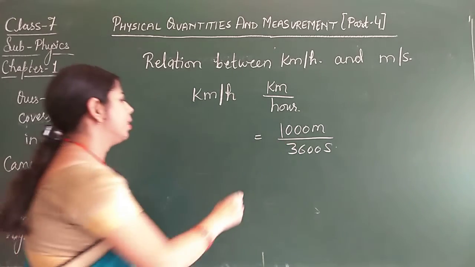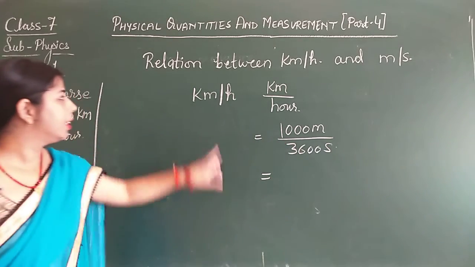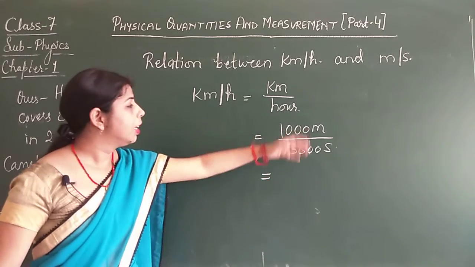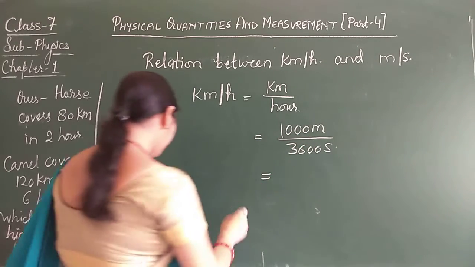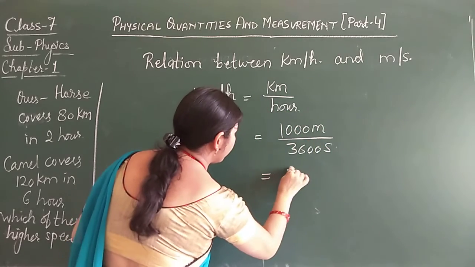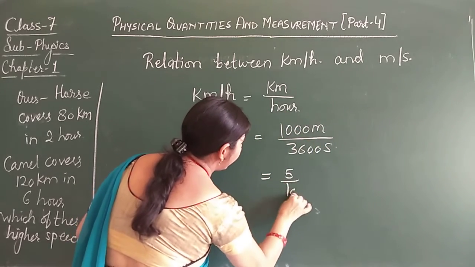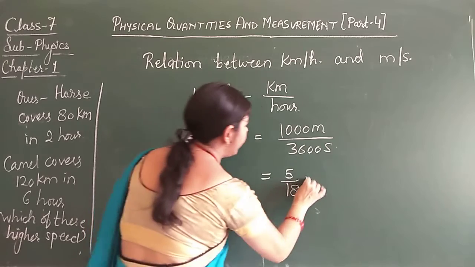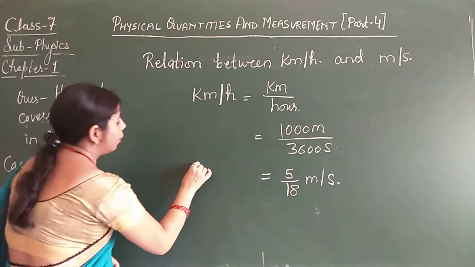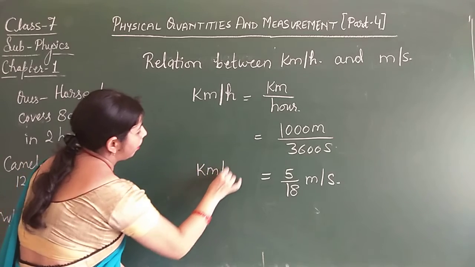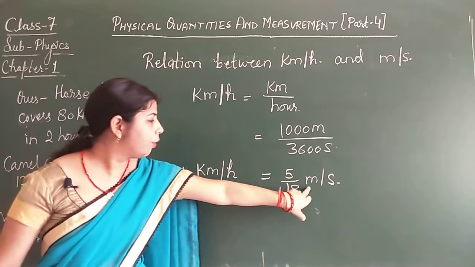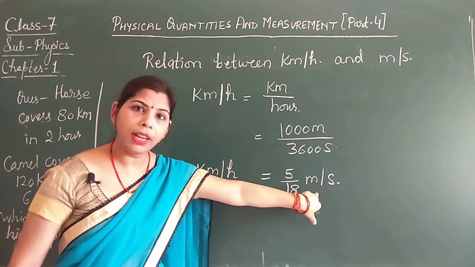Kilometer per hour is converted into meter and second. When we divide it, it comes like 5 by 18 meter per second. That means 1 kilometer per hour is equal to 5 by 18 meter per second.